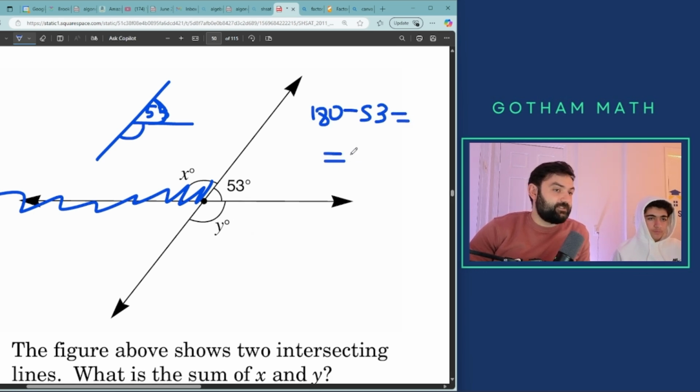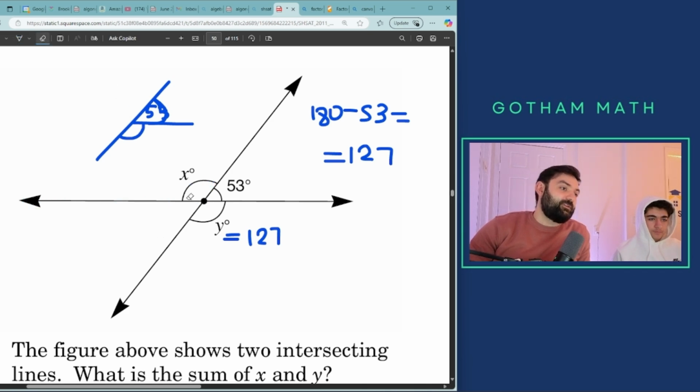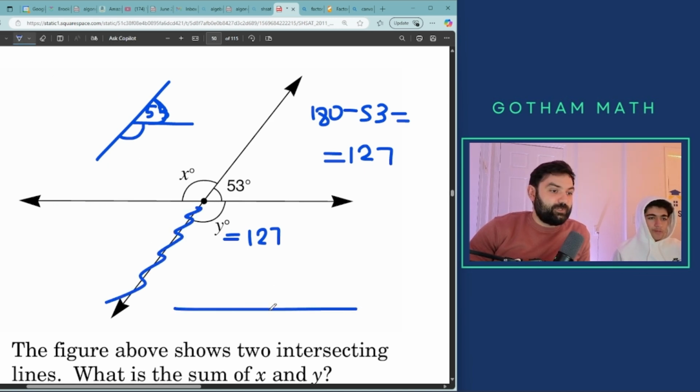Does it make sense? It's a very easy rule. So it's 127. All right, so y is 127. Now how do we find x? The same way. Well, there are two ways. Both of them are easy. The other way is to realize that this situation is identical to the one we just had, just sideways.